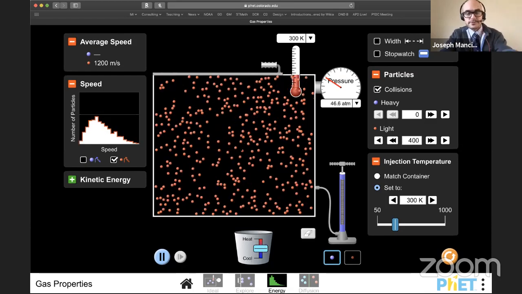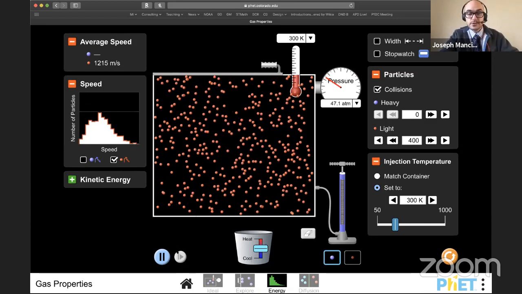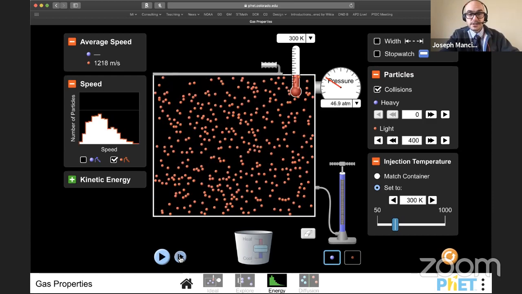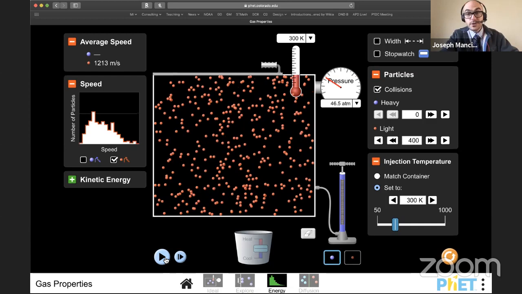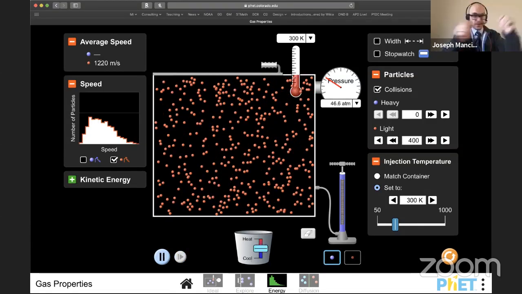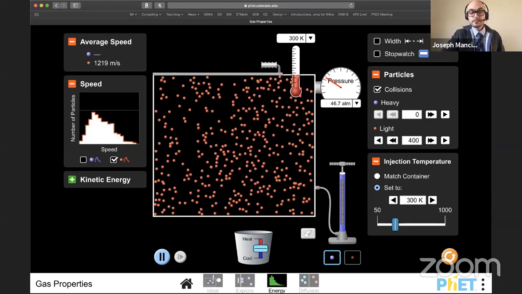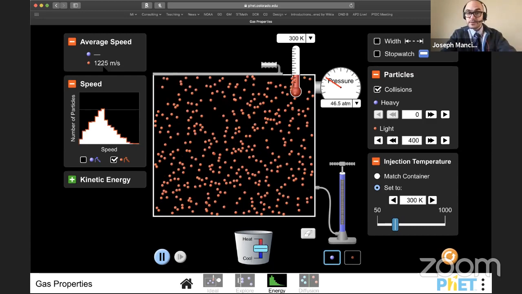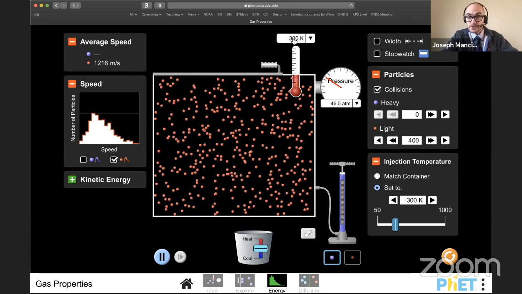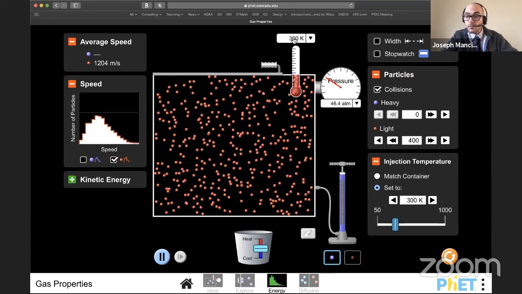Now, it's really hard to follow any one particle, but if we could just step right through it, step by step, you would notice that for any one particle, its speed changes with every single collision. But the average speed stays about the same, which means that the temperature stays about the same.